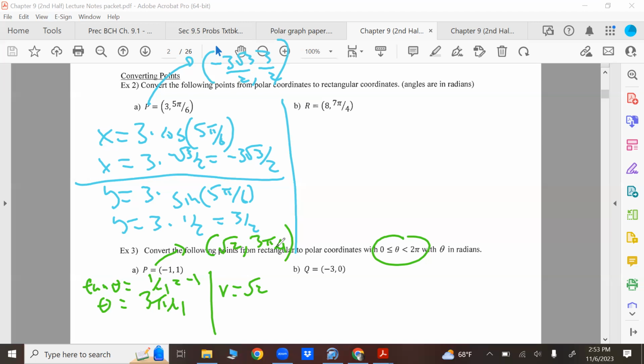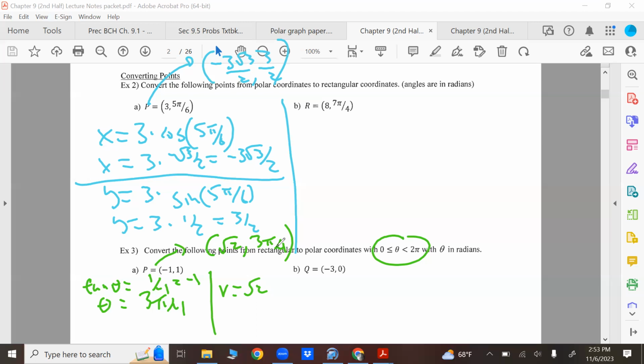There's two answers. Infinite amount. Wait, which one are you talking about? Part B? No, it's only 1 point though. But you can do negative two. Yeah, you could do two. Oh, I see what you're saying.